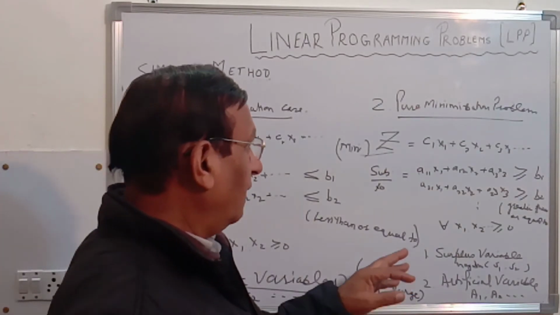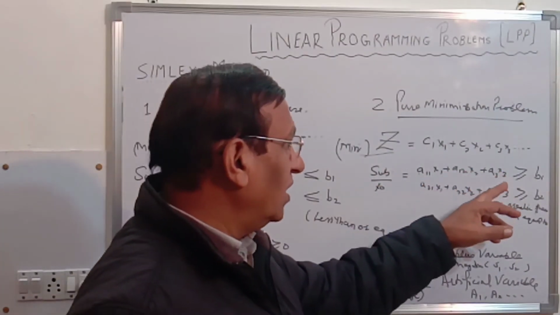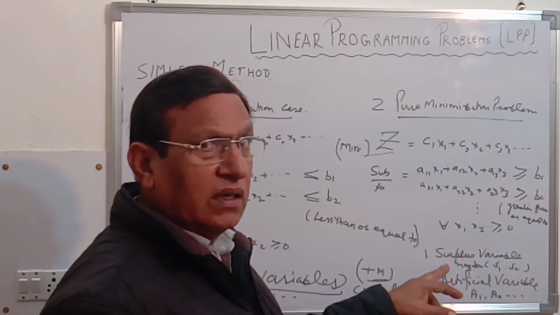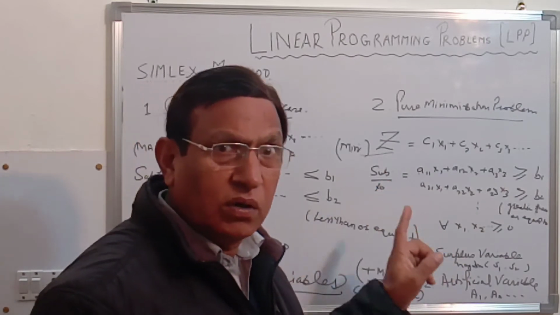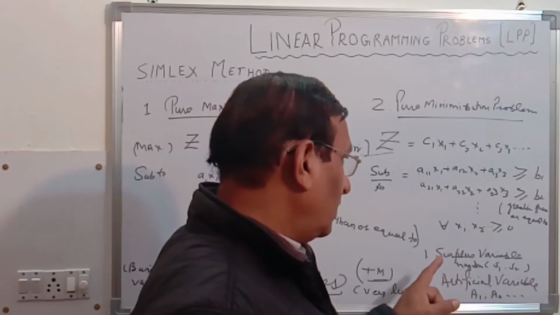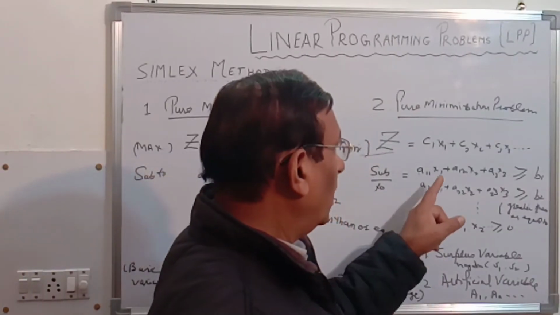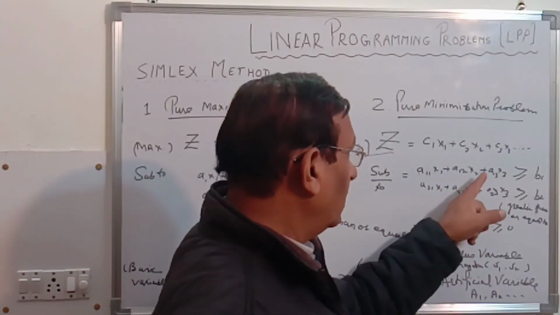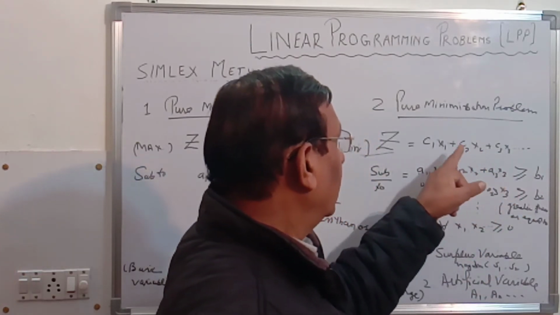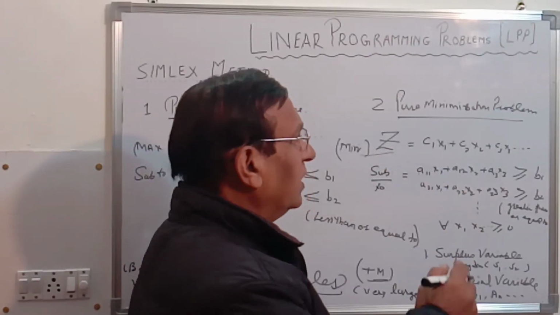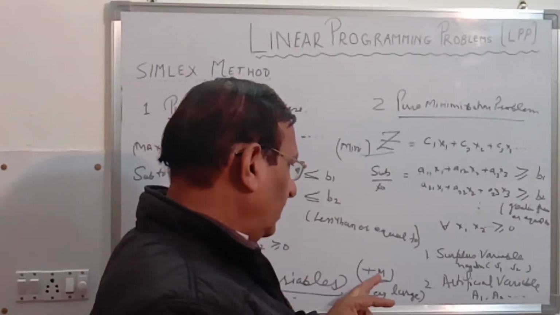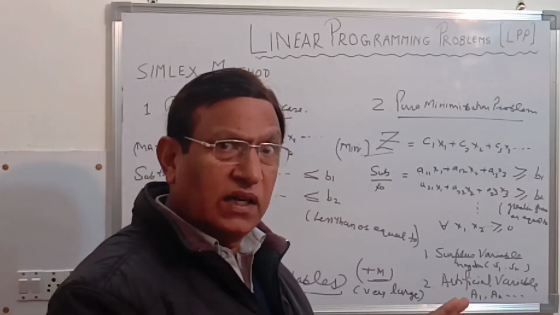Try to understand again. If the equation is greater than or equal to type, then we are to use surplus variable. Surplus variables are not basic variables. They are negative variables which we will subtract in the equations, S1 from the first equation, S2 from the second equation, and added into the objective function with zero coefficient. And we use M. M is a very large number.